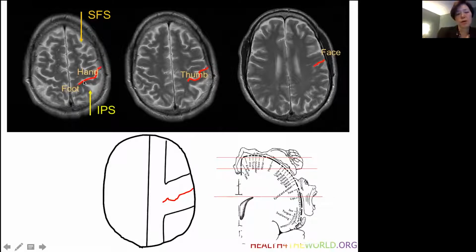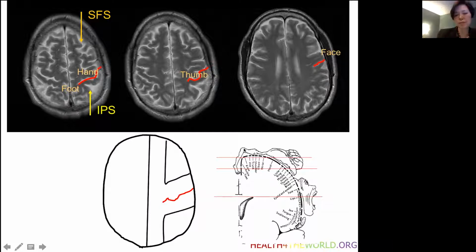So once you define the central sulcus, you can see that this homunculus map is a very strange human figure, because face is here in the kind of inferior portion about the ventricular level. And then hand is very, very large.